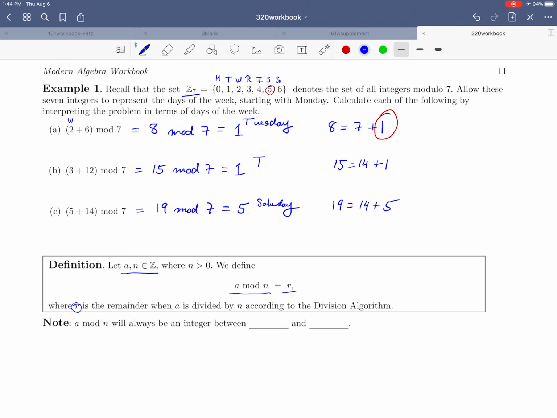So a mod n will always be a number between, what do you think? The smallest it could be is 0, and the biggest that it could be is n, not quite, it's n minus 1, because n mod n is 0 again. So these are our remainders right here.